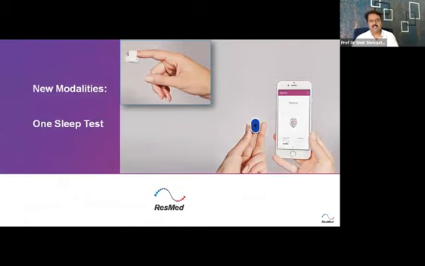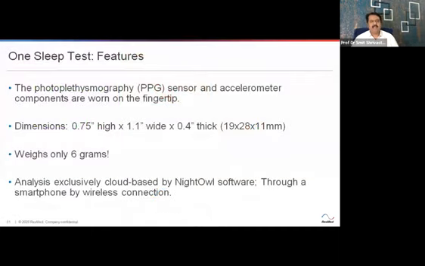So this is a single device, very easy to use. It's tied to the index finger of the person and connected to the person's Bluetooth mobile, and it weighs very little. It does not disturb. It can be done at the person's place.